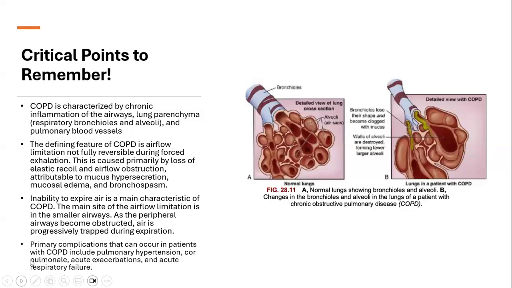The first critical point is that COPD is characterized by chronic inflammation of the airways and lung parenchyma, including bronchioles and alveoli, and also the pulmonary blood vessels. So it impacts every part of the patient's lung. The defining feature of COPD is airflow limitation. It's not fully reversible during forced exhalation.